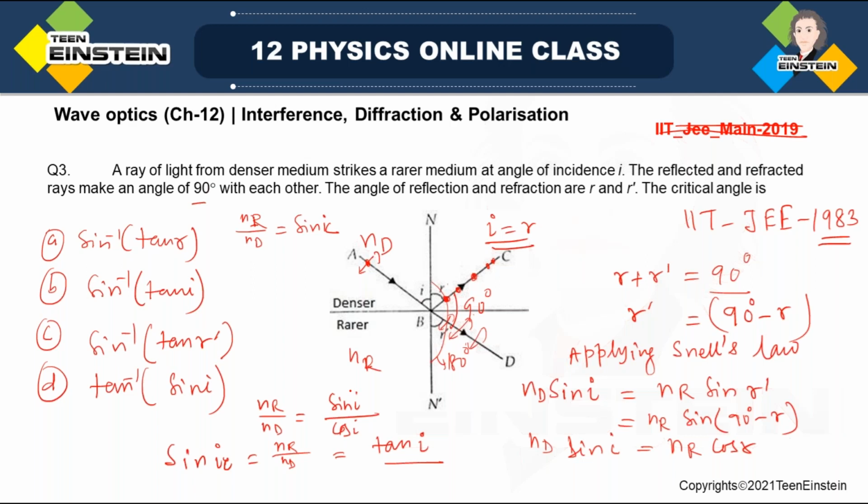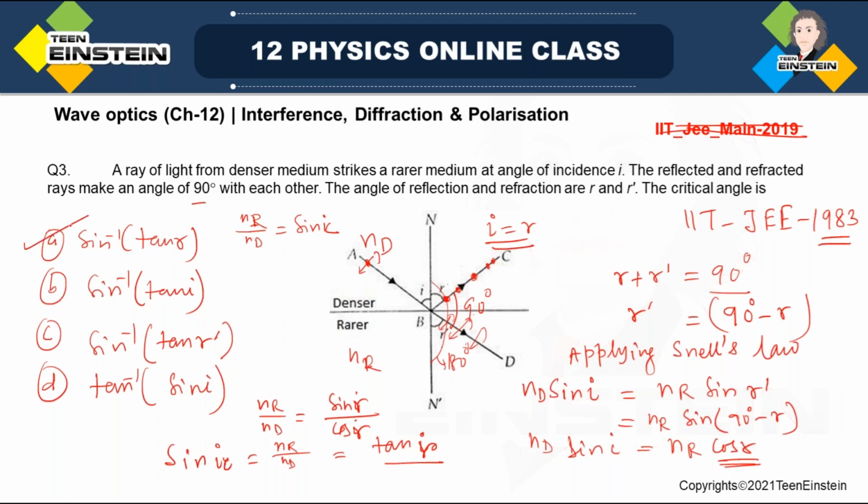Sine IC is equal to tan I. Since we have got this thing, I think we should write this as R, and put this also as R. Then it will be tan R. If we want to do it that way, then IC will be sine inverse tan of r.